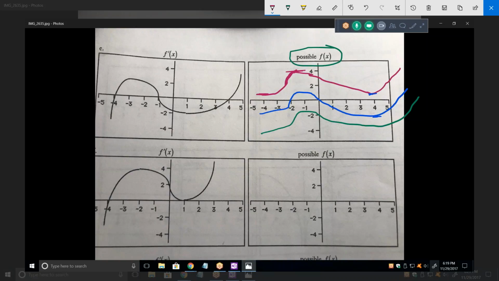So if below the first derivative I try to draw the second derivative curve, well, let's see. The first derivative is increasing, therefore the second derivative has to be positive between -4 and 1.